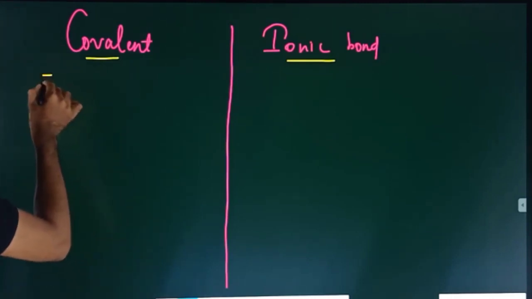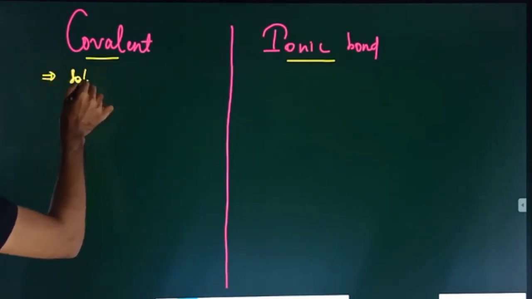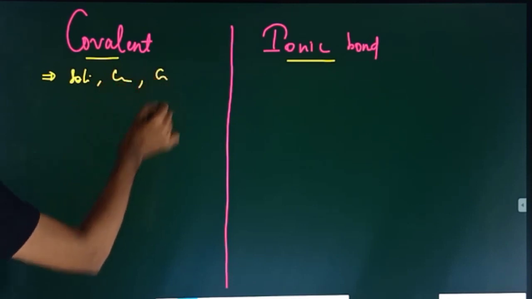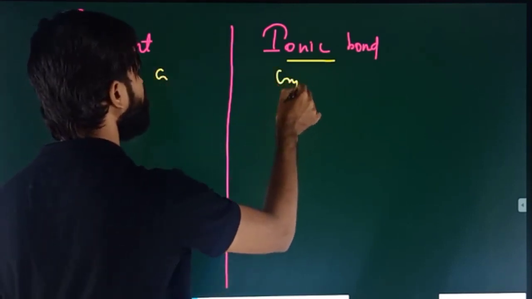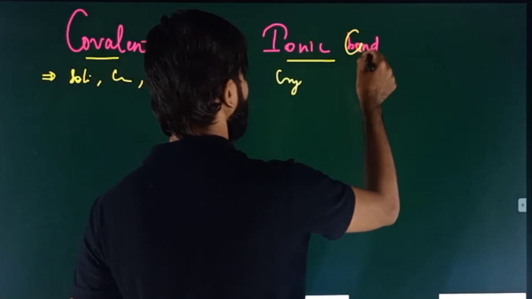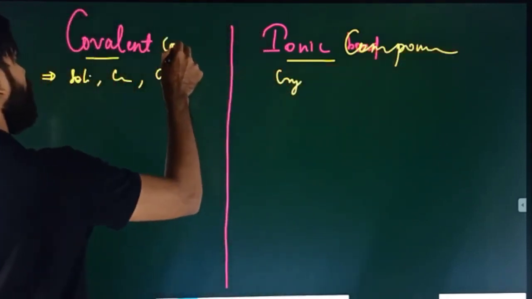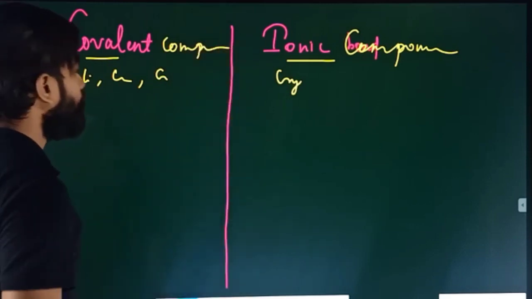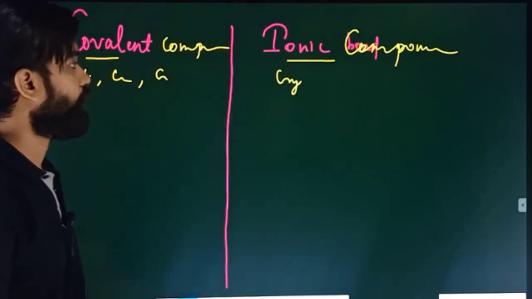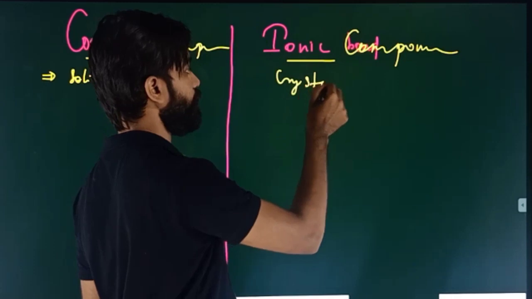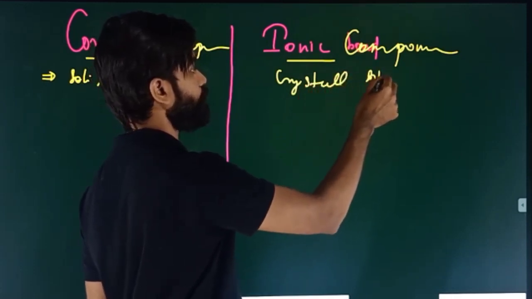Usually covalent compounds are solid, liquid or gas. Ionic compounds are crystalline solids.